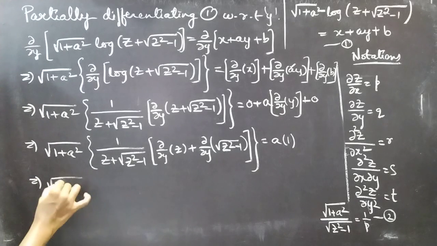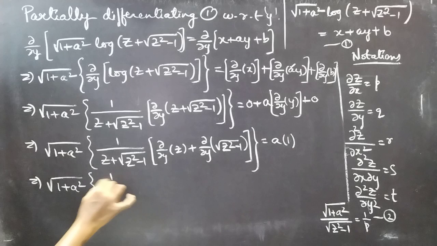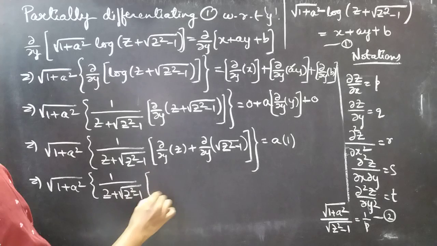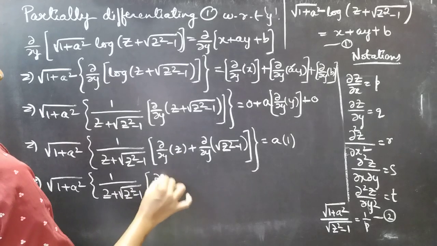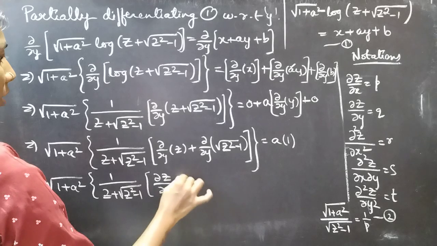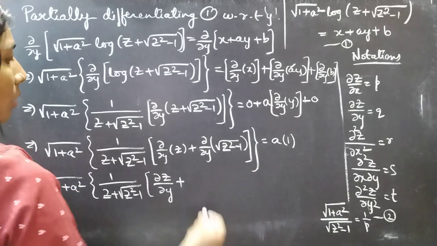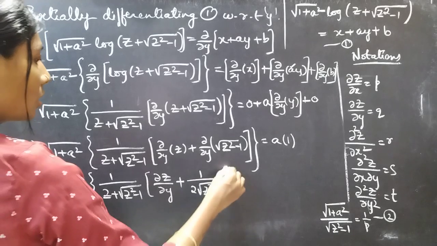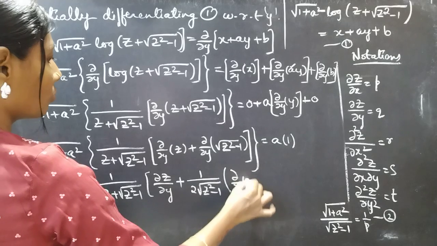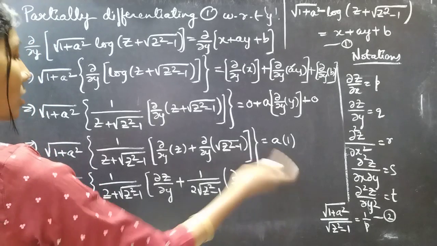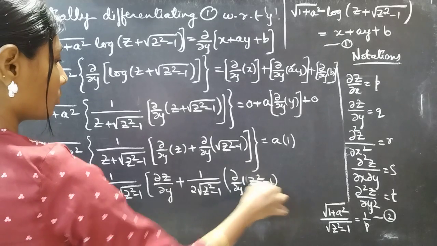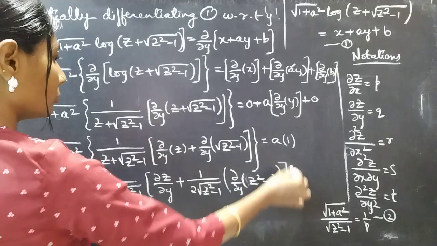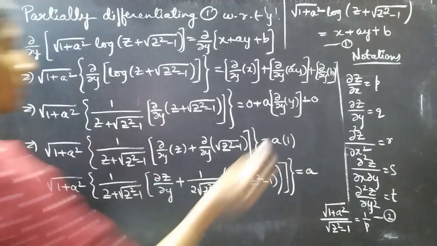This gives us square root of 1 plus a square into 1 by z plus square root of z square minus 1 into partial derivative of z with respect to y, dou z by dou y plus partial derivative of square root of z square minus 1 is 1 by 2 into square root of z square minus 1 into partial derivative of inner derivative, that is z square minus 1. Okay, equal to a.